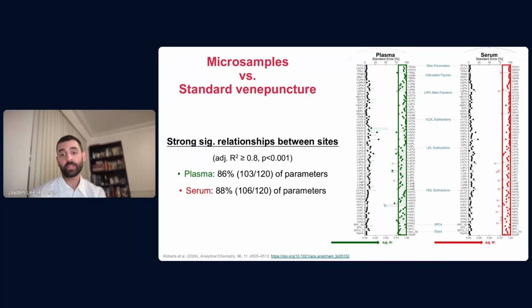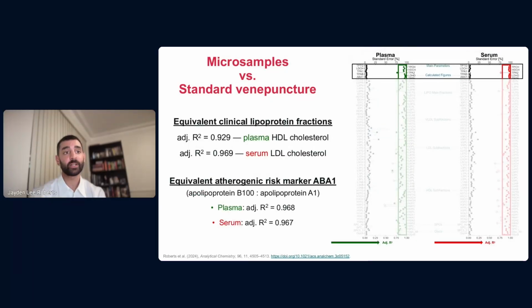The next step that we then had a look at was if we break this down into the particular markers that are looked at as part of these 120. This included equivalence in clinical lipoprotein fractions that would normally be measured as part of a pathology visit for lipid markers, like your HDL cholesterol and LDL cholesterol.